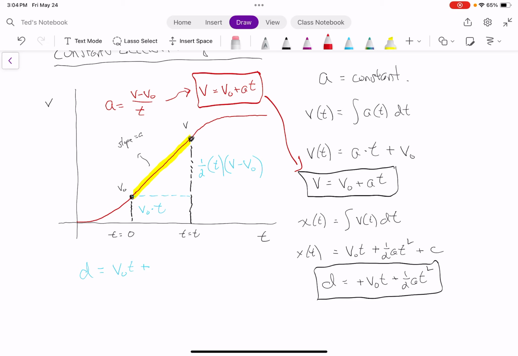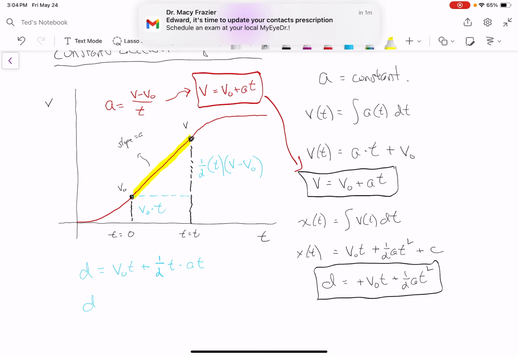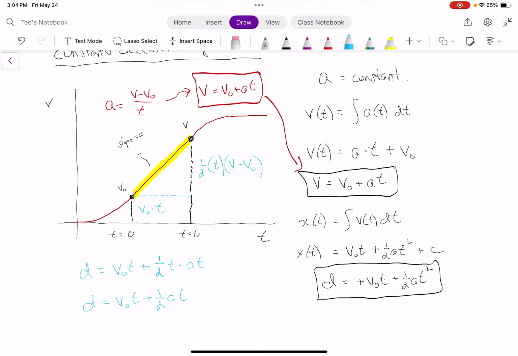So if I do 1/2 t times at, that gives me that displacement is equal to v0t plus 1/2 a t squared, and that's my second equation.